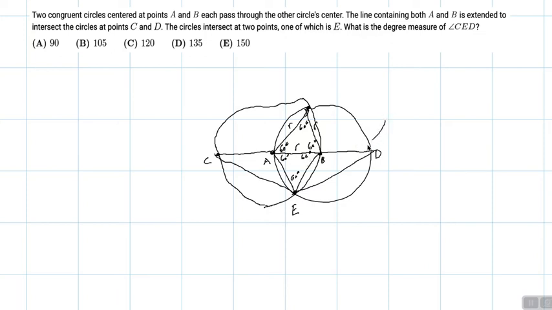So this angle right here has to be 120. And then we know that this is a radius, segment BD, because it's going from the center to the outside. That's R. And we know that this side is a radius going from the center to the outside of the circle. That's R. So these two angles have to have the same measure.